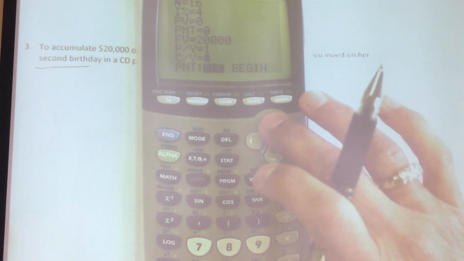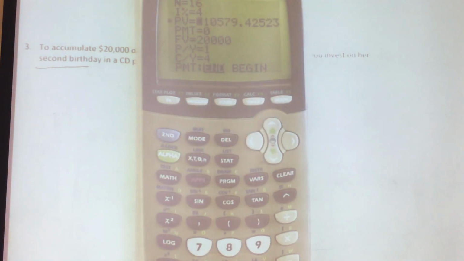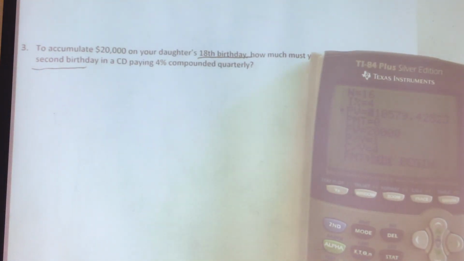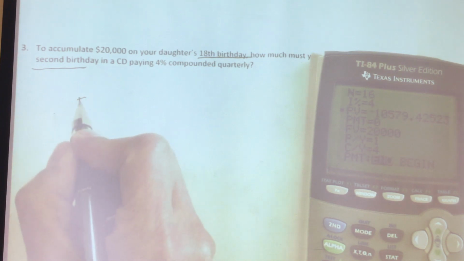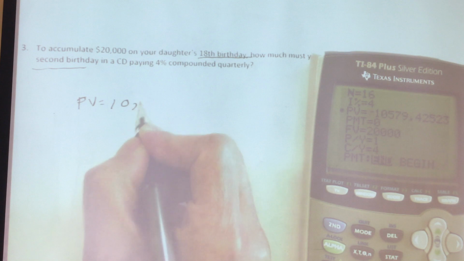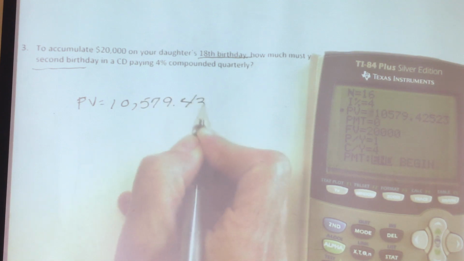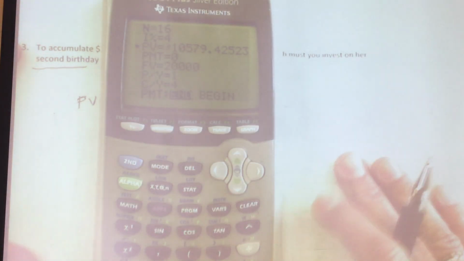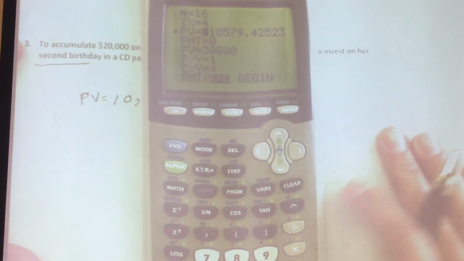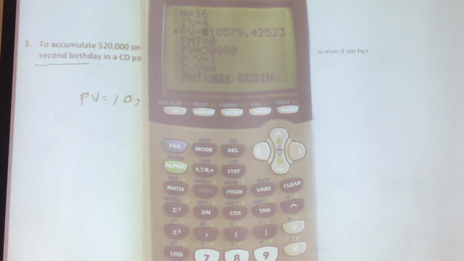So now going to your present value, alpha, enter, and that is the amount that you need to invest in the present. So PV is $10,579.43. And again, these are all the amounts given. And that completes section 2 for chapter 5.